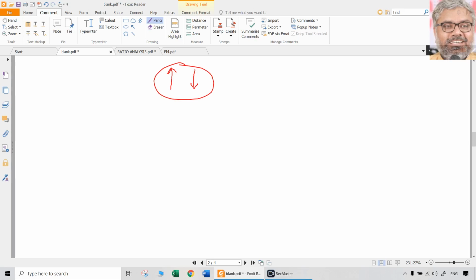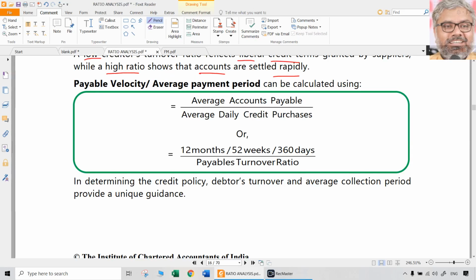Nothing wrong with that theoretically. But practically, when you say the creditors turnover ratio is low, look at the other side of it. Payable velocity: the number of days within which on an average you are paying your creditors. That can be called average payment period or credit payment period. Same way, 360 divided by creditors turnover ratio. This is the better and easier formula to be used.